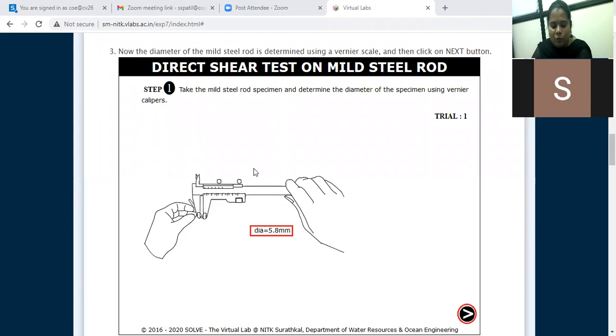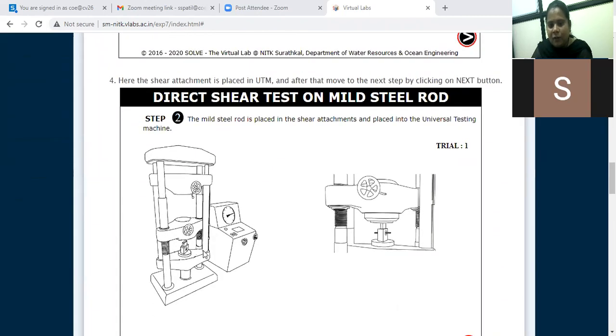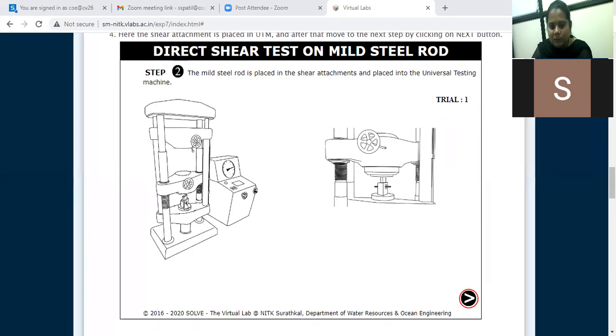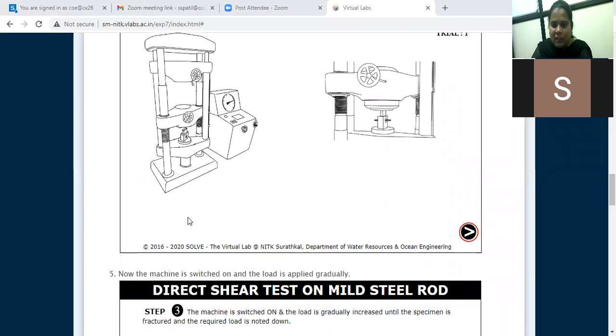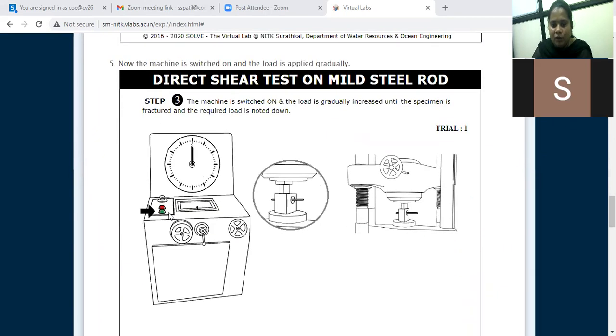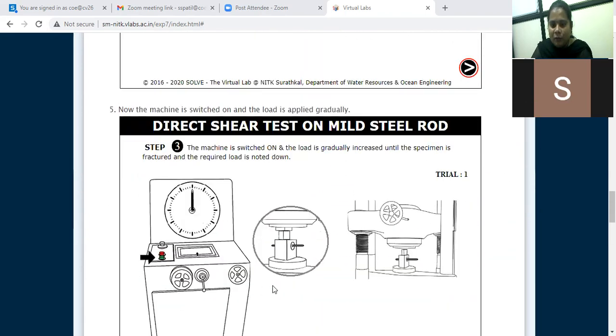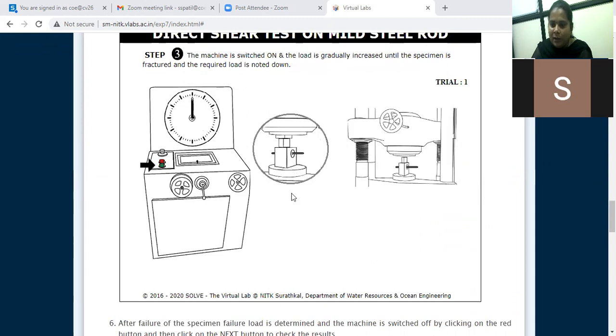In the first step, you measure the diameter. After that, fix the rod in the shear assembly. After fixing the rod, you place this shear assembly between the middle and lower crosshead. After fixing the assembly in the UTM, you start the universal testing machine and observe the load at which this rod will fail.